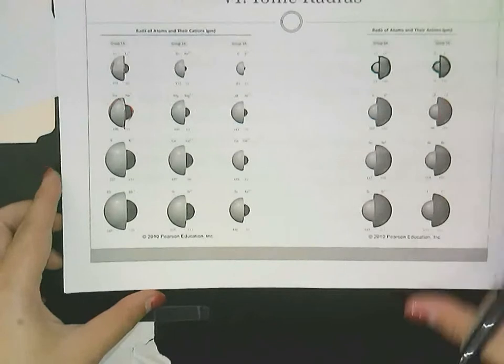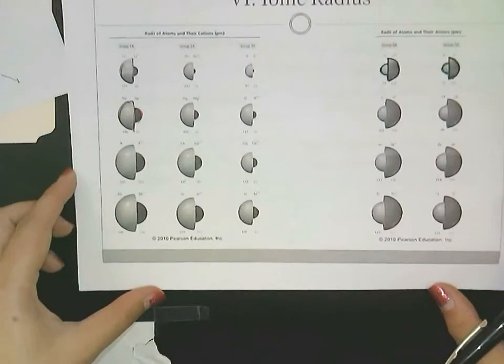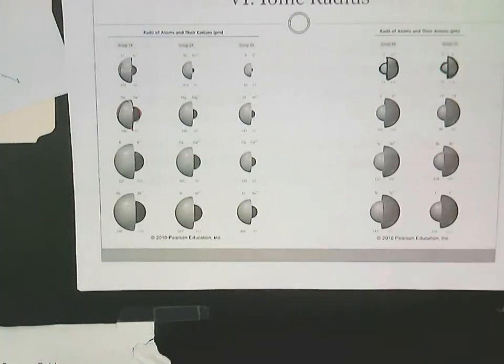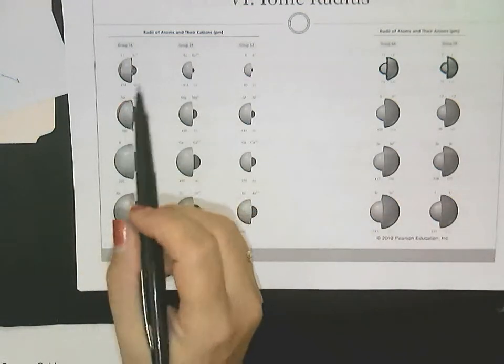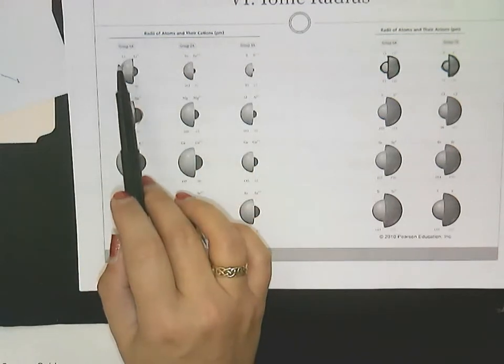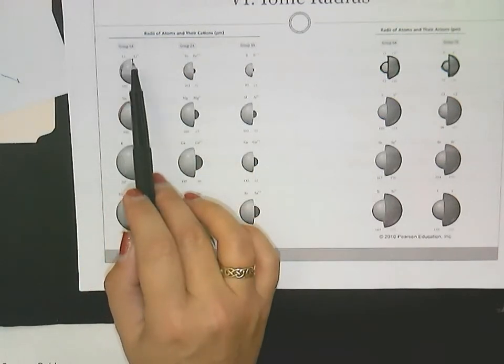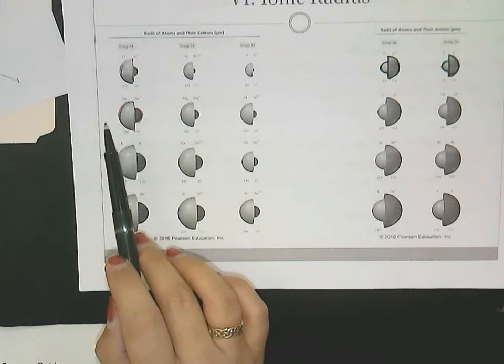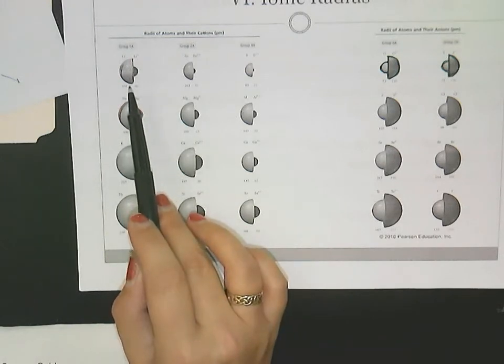All right, so this is our ionic radius. And so there are 2 trends. One, if it becomes a positive element, so group 1, 2, and 3, right, go from a neutral element to a cation, those are much smaller. So if it becomes a cation, it's a smaller radius.